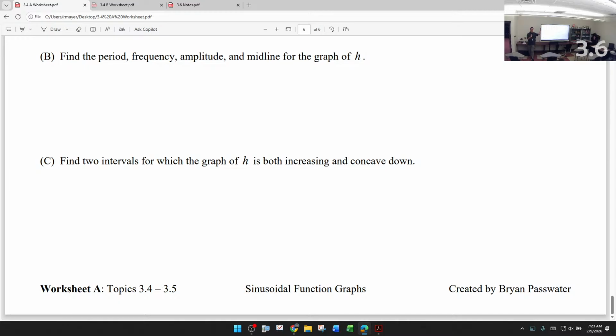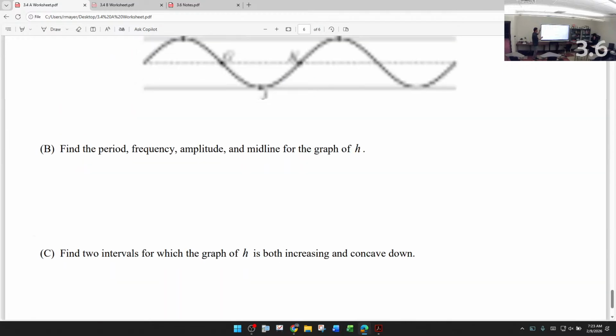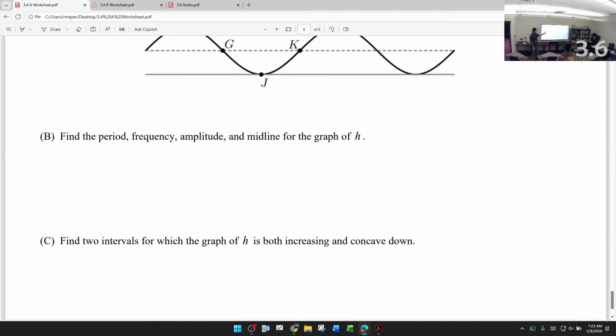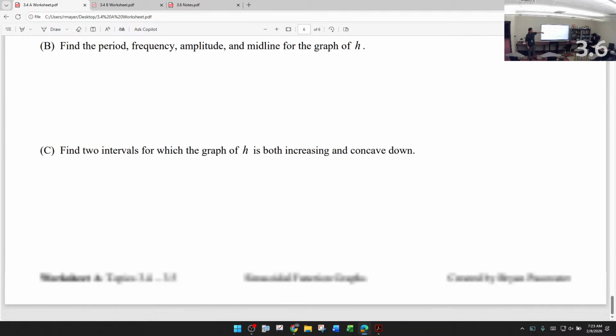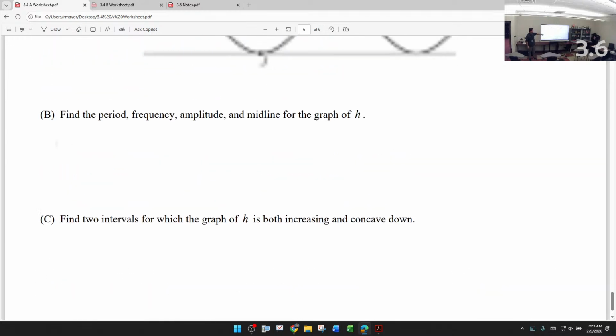Sinusoidal is anything that has a period, that repeats. Don't be confused if it says sinusoidal and you see something about cosine. We talked about the period, frequency, amplitude, and midline. That was worksheet A.